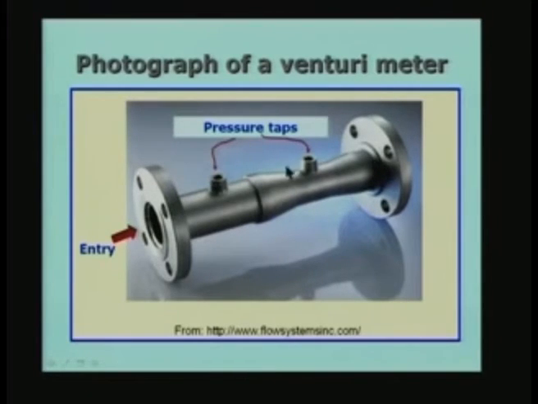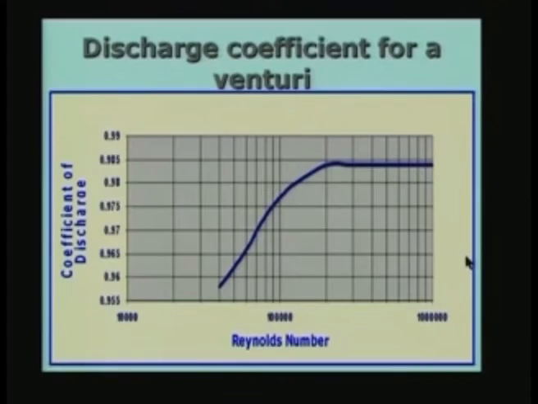These two pressure taps are used for measuring the delta P, which is related to the Q of the venturi meter, the flow rate. And in fact, the discharge coefficient of a venturi shows some kind of variation like this. This is from measured data.